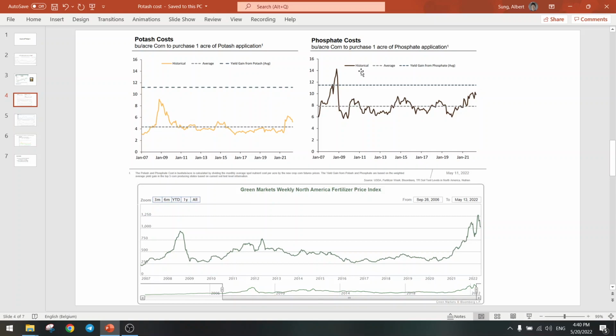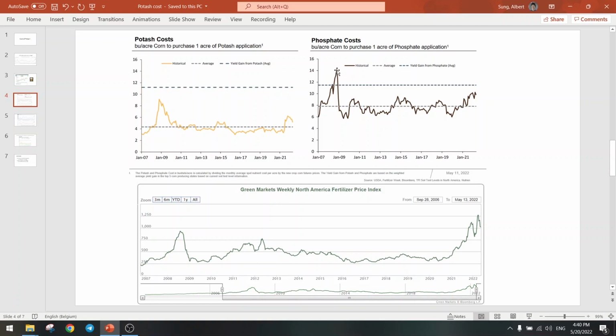When we look at phosphates, it's not that good. You can see here there's not a lot of margin, and in 2008 it actually shot above this limit. That means farmers would lose money when they use phosphates.